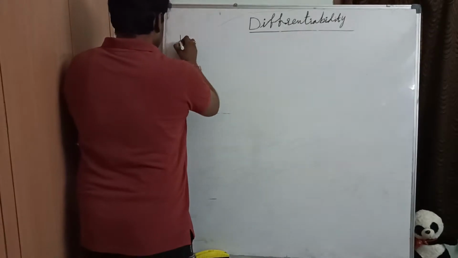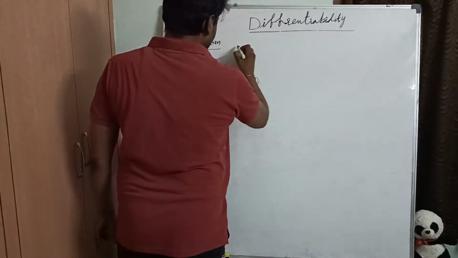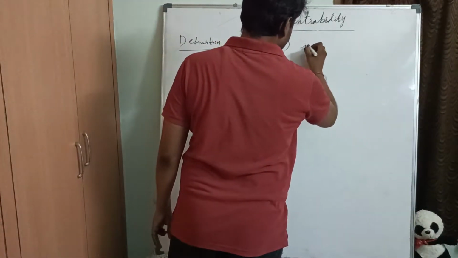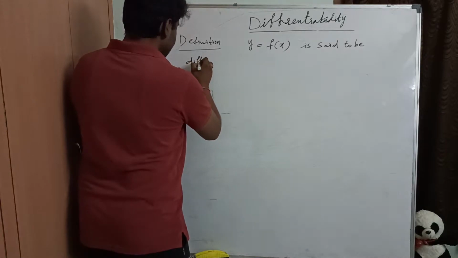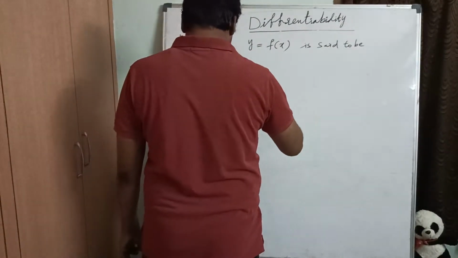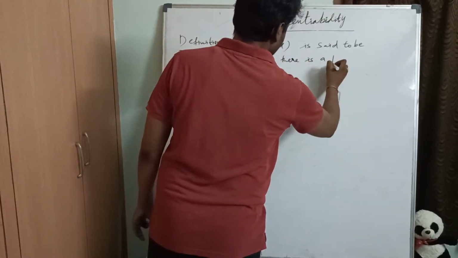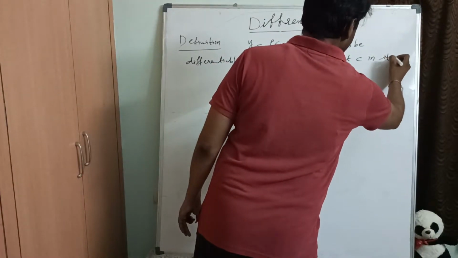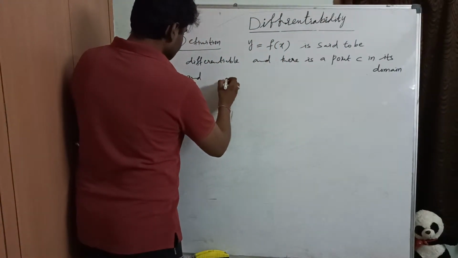Definition: a real valued function y equals f of x is said to be differentiable at some point, where there is a point C in its domain, and the condition, what is that?